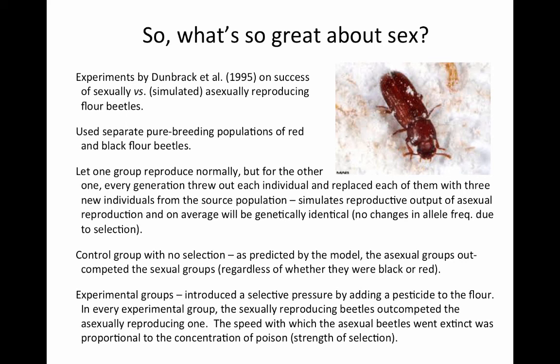So there's something about adding selection into the mix here that causes sexual reproduction to have an advantage over asexual reproduction. The speed with which the asexual beetles went extinct in these populations was proportional to the concentration of the poison, so the strength of selection. So the stronger the selection, the more benefit there is of reproducing sexually as opposed to asexually.